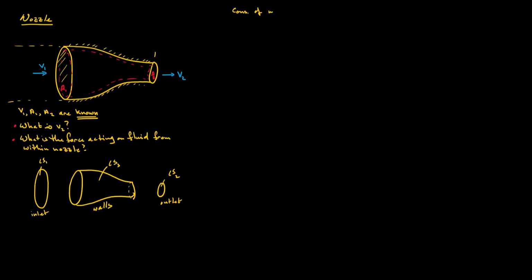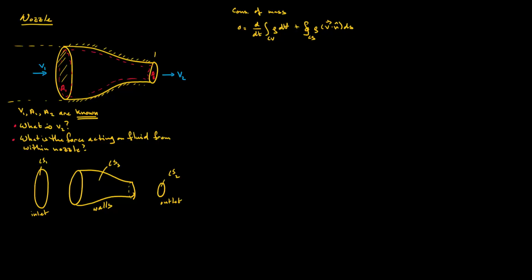Recall that it states that the time rate of change of the mass within the control volume plus this surface integral of the mass flow rate in and out is equal to 0.